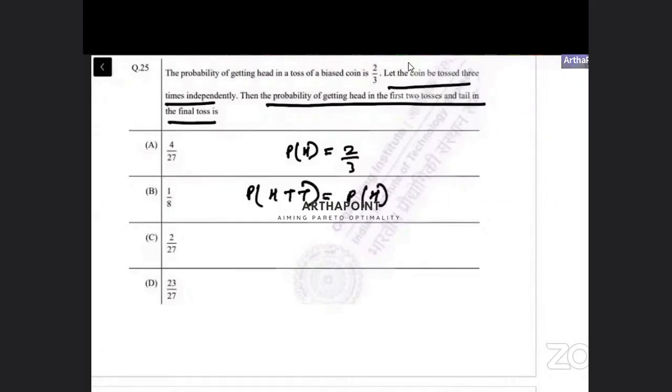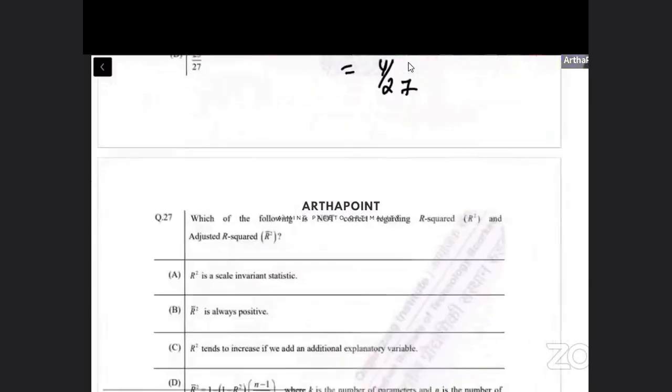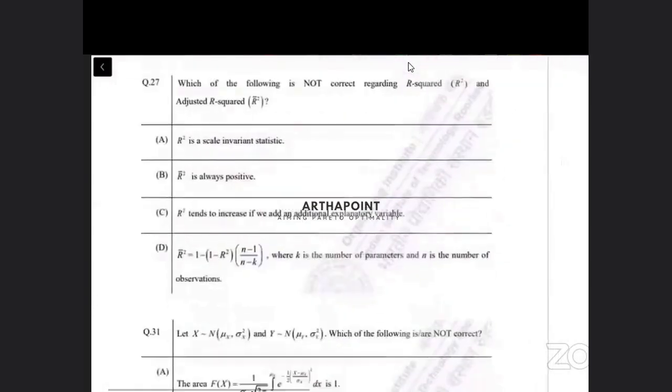So it will be probability of head into probability of head into probability of tail. So 2 by 3 into 2 by 3 into 1 by 3. So this will be 4 by 27. So a very simple question has been asked in probability. Therefore, basics are very, very important.